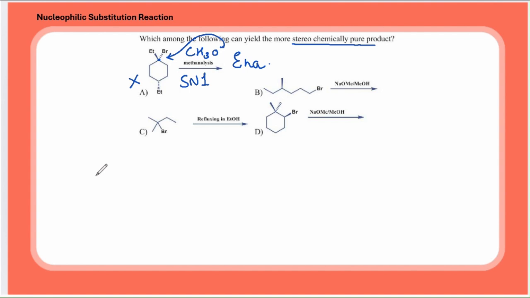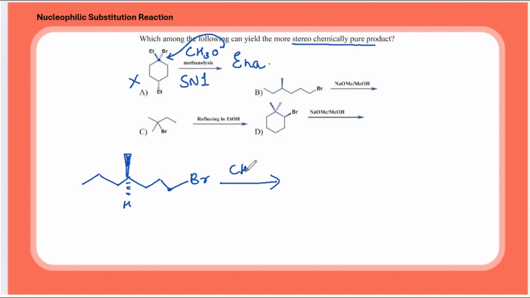Let's check for B. For B, you see here the halogen is attached to a primary carbon and it does have a chiral carbon here. This is the chiral carbon. Why so? Because it is attached to different groups. And it is treated with sodium methoxide in methanol solvent.